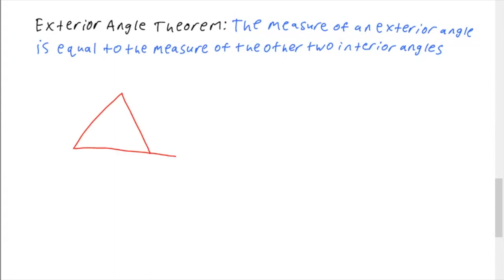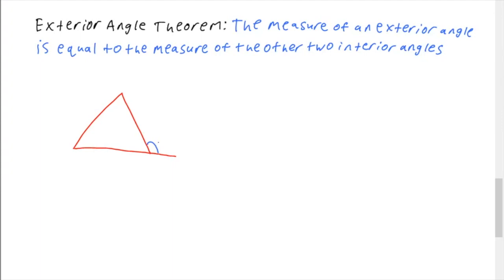So let's say we have a triangle here. So all of the angles on the inside are the interior angles, and all the angles on the outside, such as this one that comes out of the triangle, is an exterior angle. So this angle right here is an exterior angle.